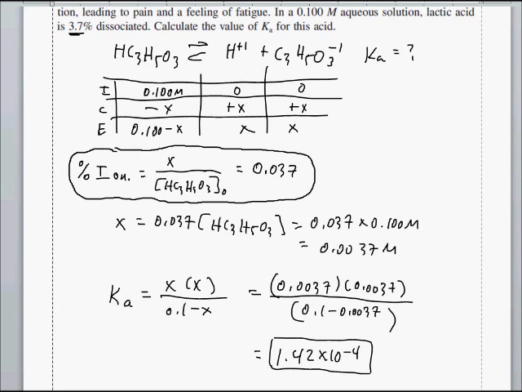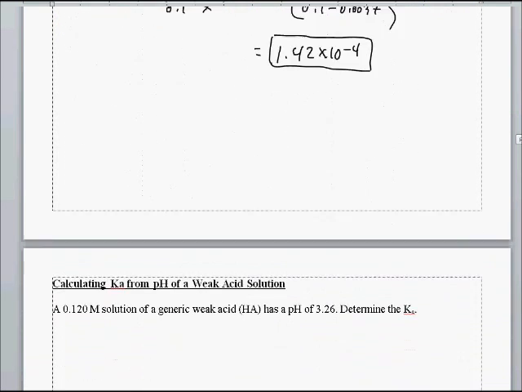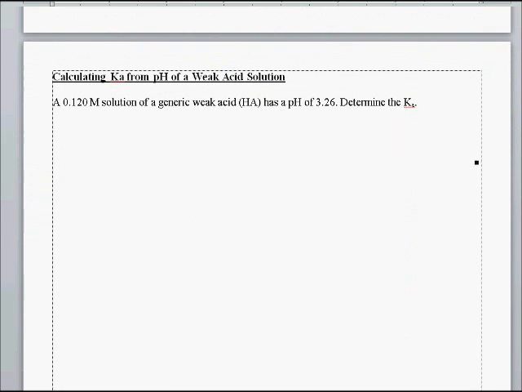Now, we could come at this again in a very similar way if instead of the percent ionization we knew the pH. So let me scroll down here to a similar problem. Here we're using the generic weak acid model, so I'm just going to call it HA, and that just breaks into H plus and A minus, okay?